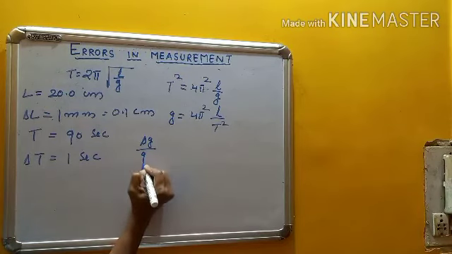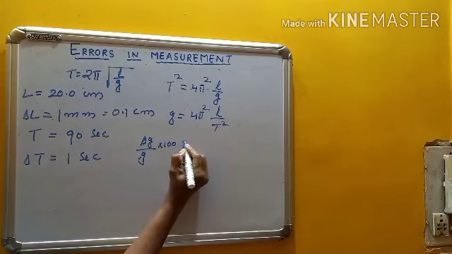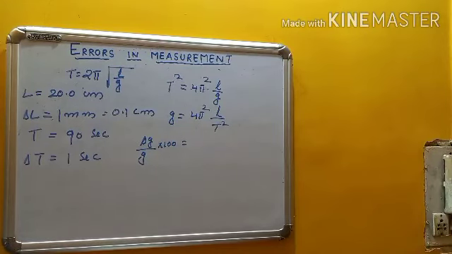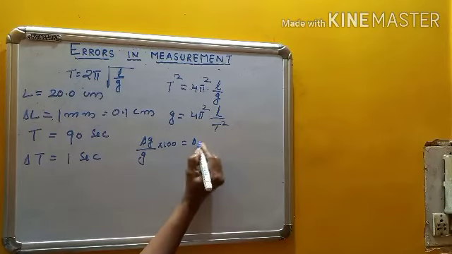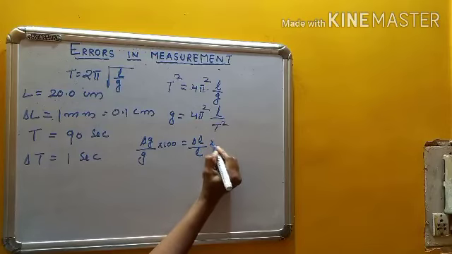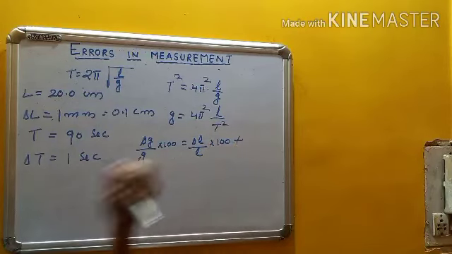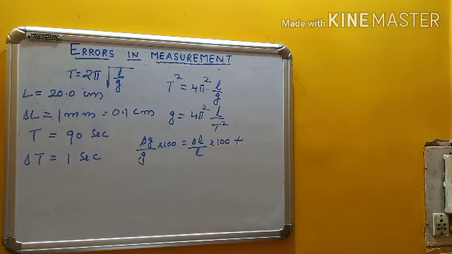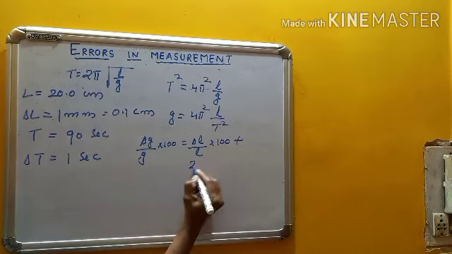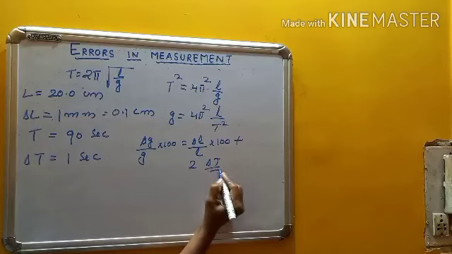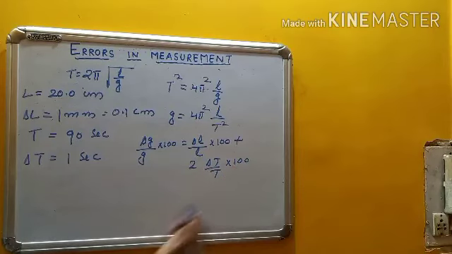Now we have got the formula. So delta g by g into 100, the percentage error in g, is equal to, 4 is a constant and pi is a constant, so we are not bothered about the 4 pi square term. Next quantity is L, so delta L divided by L into 100, plus, next the dependence on time period is T square, so we write 2 into delta T divided by T into 100.